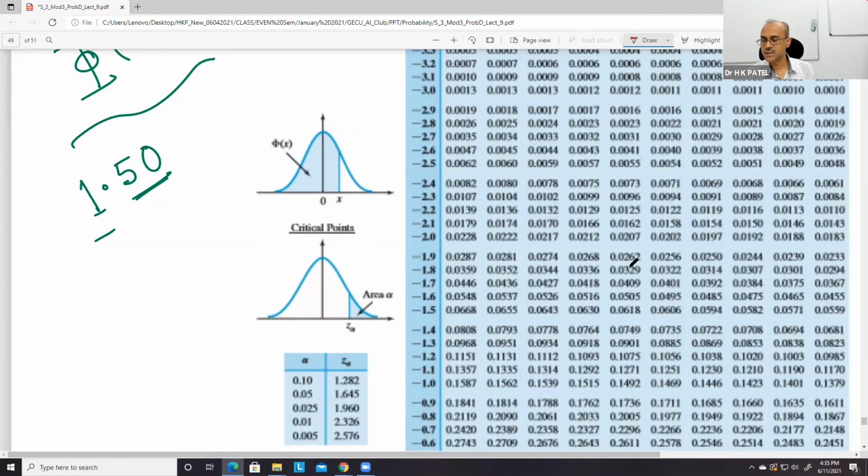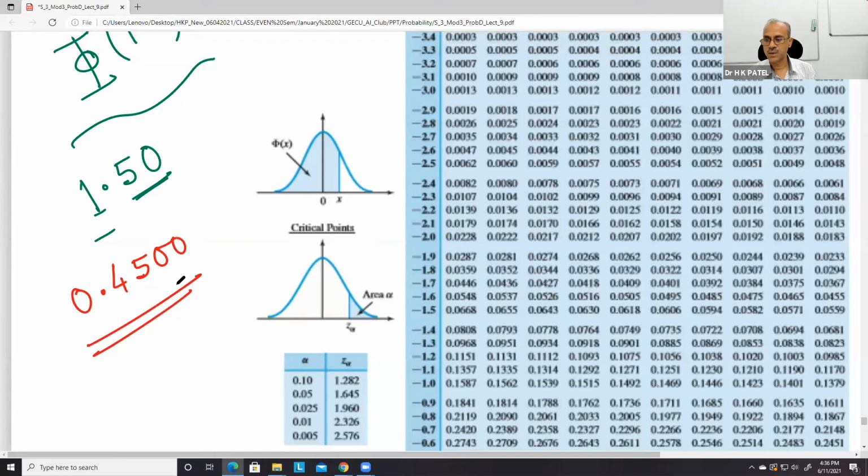We will search for our number in this table, so the number has to be up to 4 places of decimal. So that number was 0.4500. You have to search for this number in the table now.